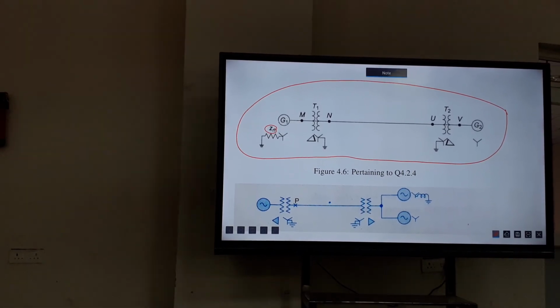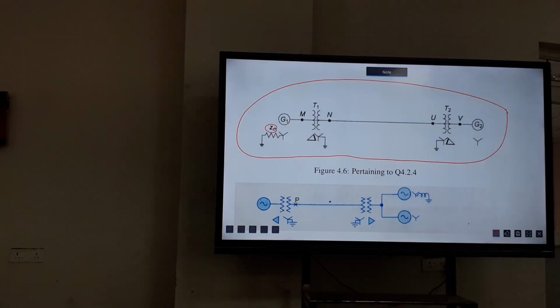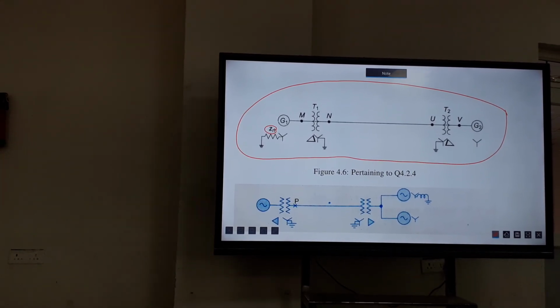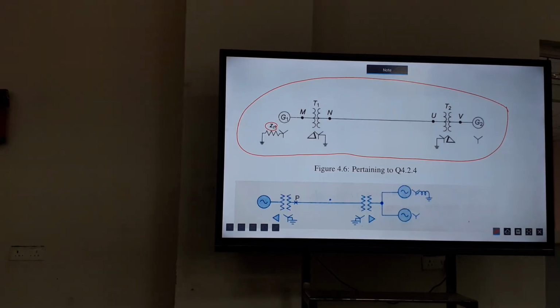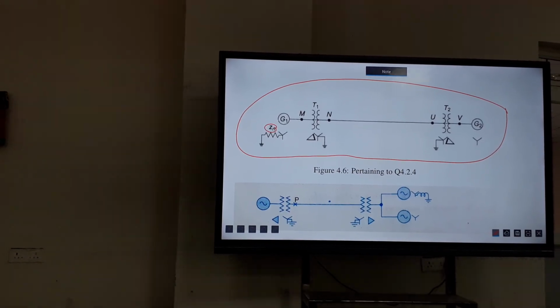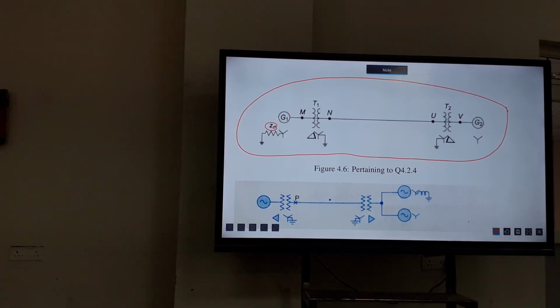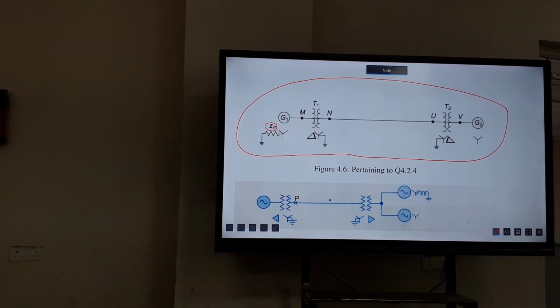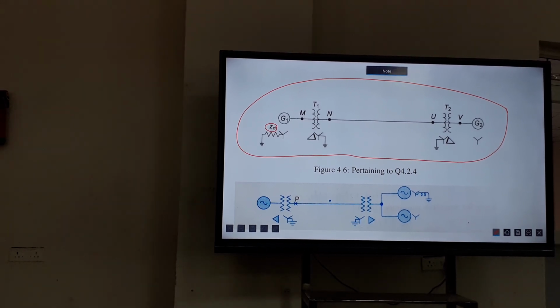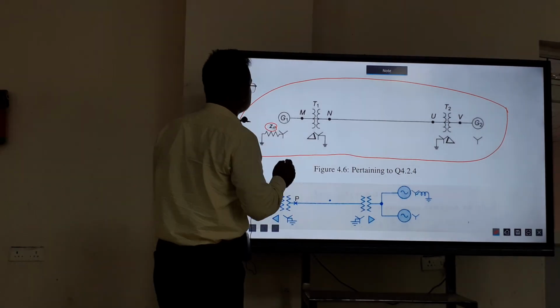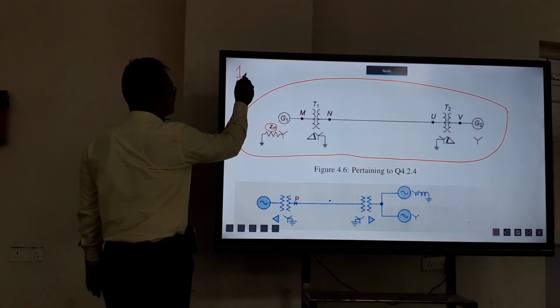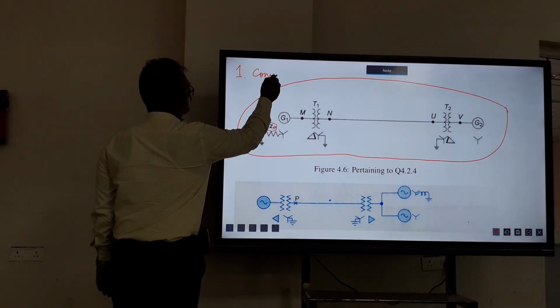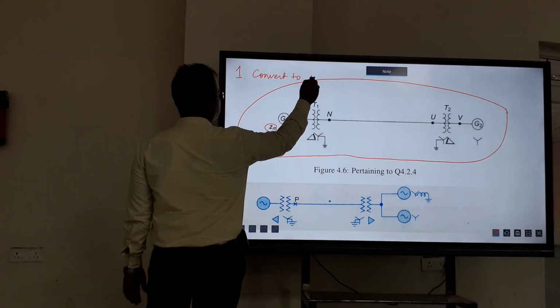First is converting all the impedances into one base, both on the transmission line side as well as the generator side. That's the first step. Then draw the reactance diagram based on the nature of the fault. So what are the steps? Step 1 is convert to one common base.